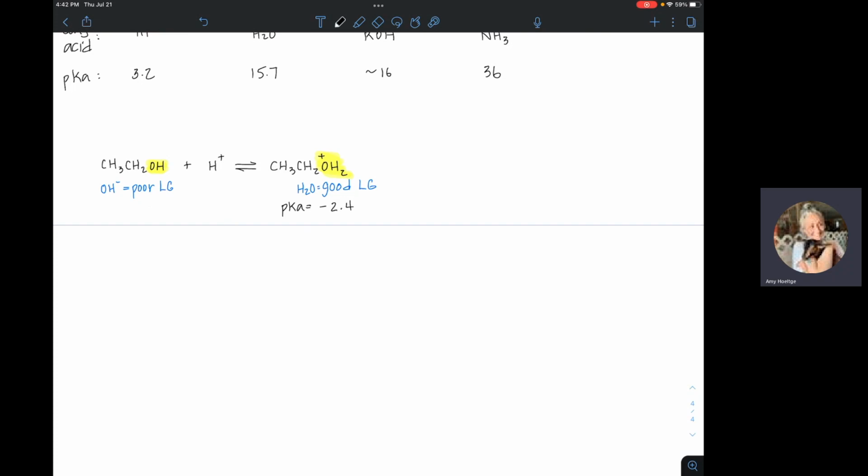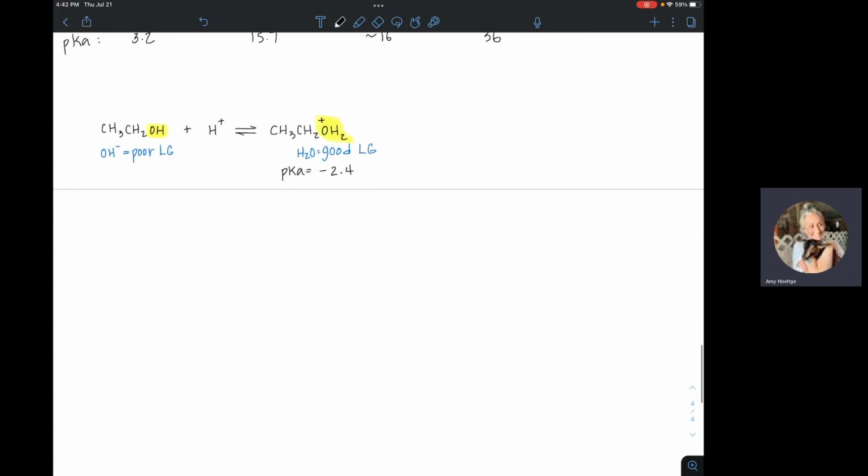The lower the pKa, the stronger the acid. So that tells us that that water molecule is a pretty decent leaving group. The pKa of the conjugate acid of the alcohol is negative. So pretty decent acid, pretty weak base, good leaving group.